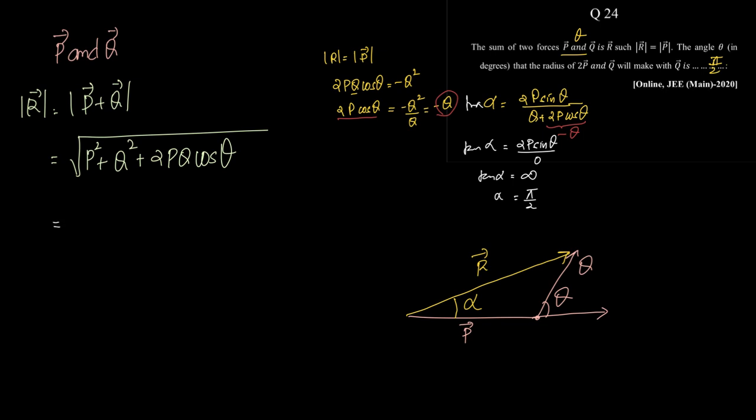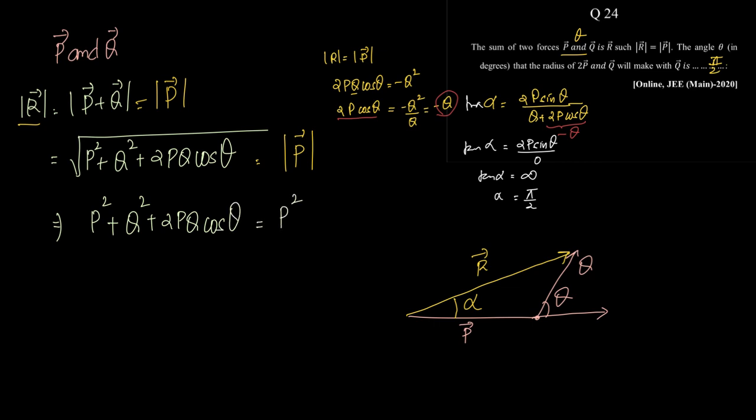According to the question, it is given that the magnitude of the resultant is equal to the magnitude of one of the vectors, vector p. So this is equal to p. In which case, what can we write? If we take square on both sides, this implies p square plus q square plus 2pq cos theta is equal to p square.